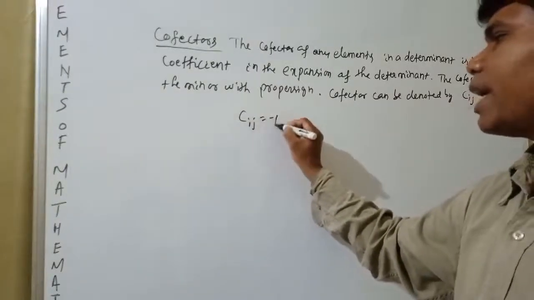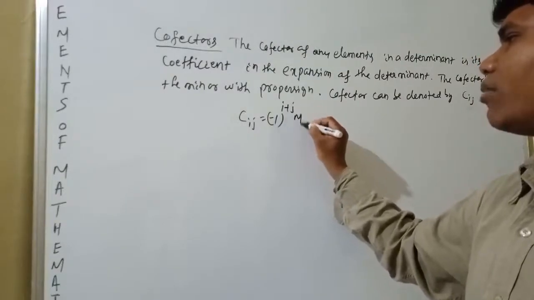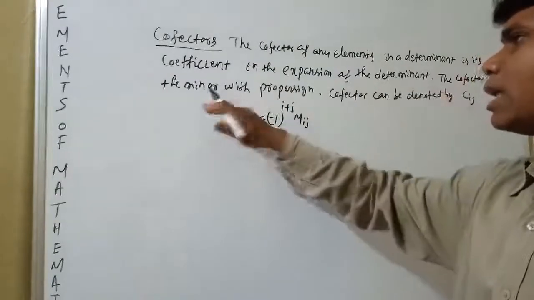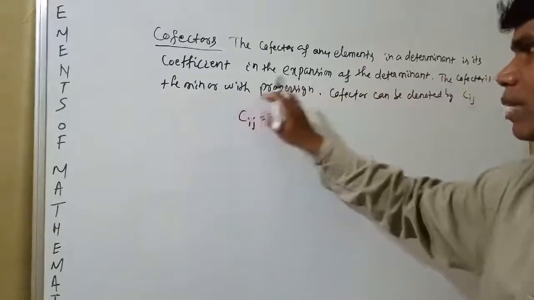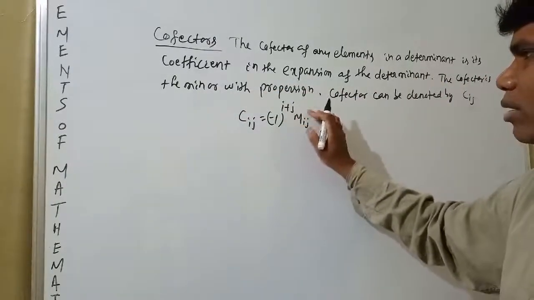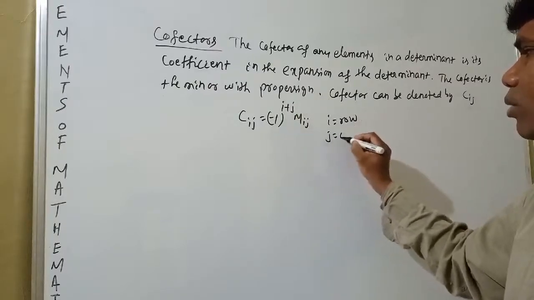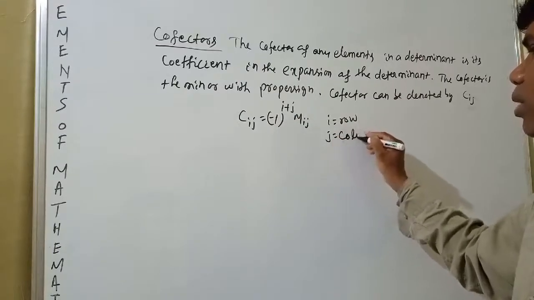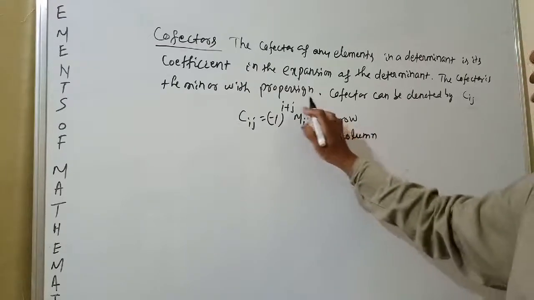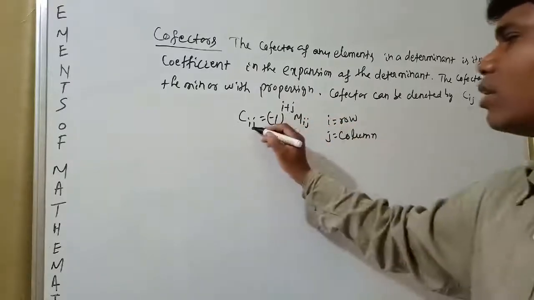Cij is equal to (-1) to the power i plus j times Mij. The cofactor is the minor with the proper sign. Mij is the minor, where i is equal to row, j is equal to column. This is the minor with the proper sign.